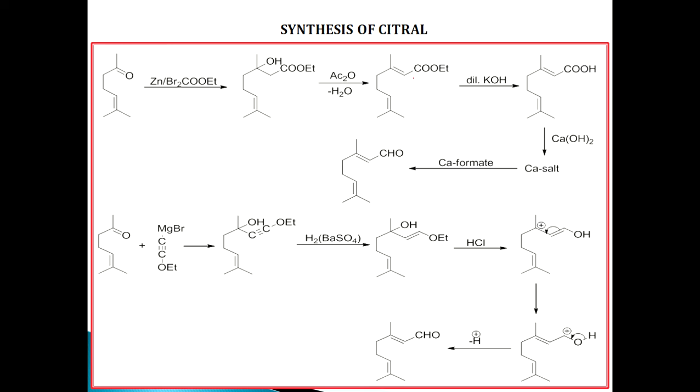This alpha beta unsaturated ester on reaction with dilute potassium hydroxide forms geranic acid. This geranic acid forms the calcium salt with calcium hydroxide.